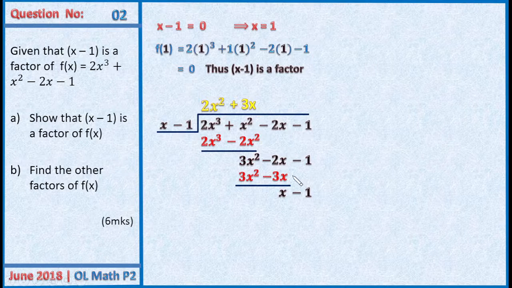Next, x divided by x here will give us plus 1, and plus 1 times x will give us x. 1 times minus 1 will give us minus 1, right?